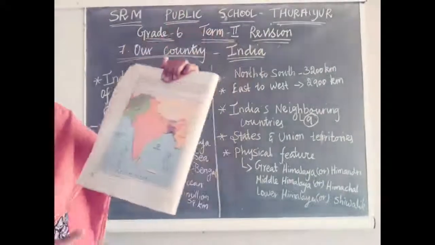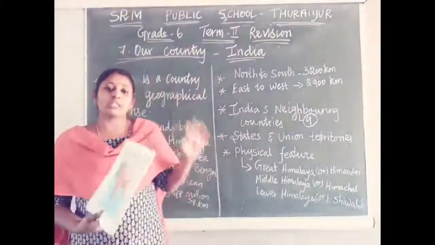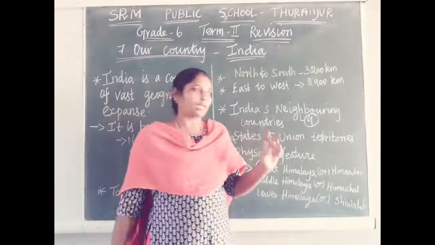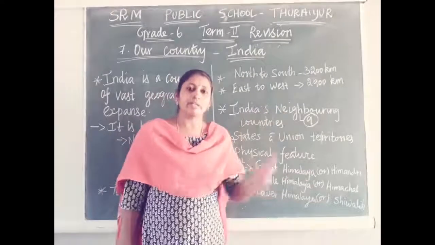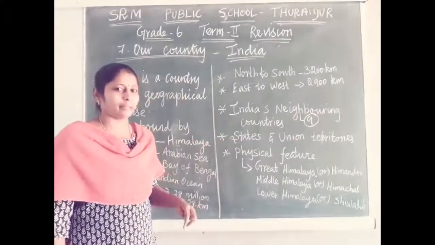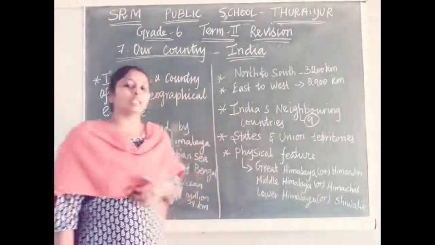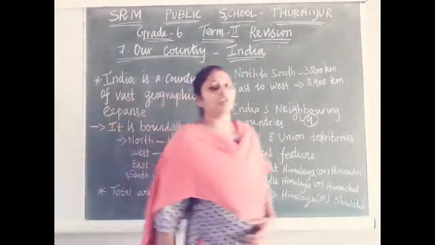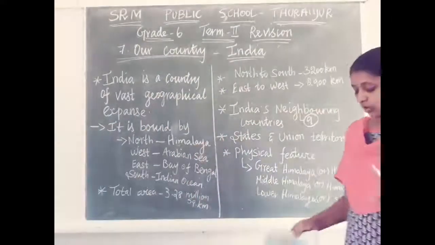Myanmar and Bangladesh both share boundaries with us. So out of these 9 neighboring countries, 7 share their boundaries with our country. You are supposed to keep that in your mind always.